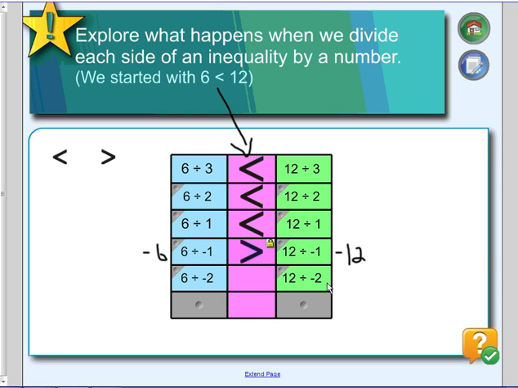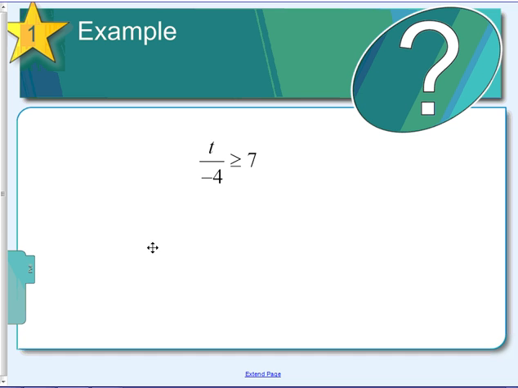And it keeps going down: 6 divided by negative 2 is negative 3, and 12 divided by negative 2 is negative 6. As you can see, the signs do switch. So this is the reasoning behind why, while solving inequalities and dividing by negative numbers, all of a sudden we have a sign being switched.